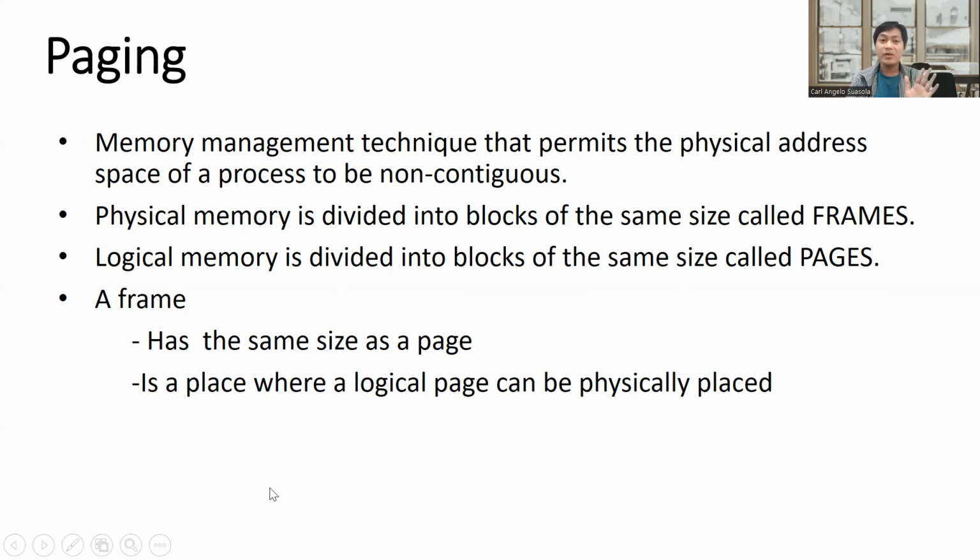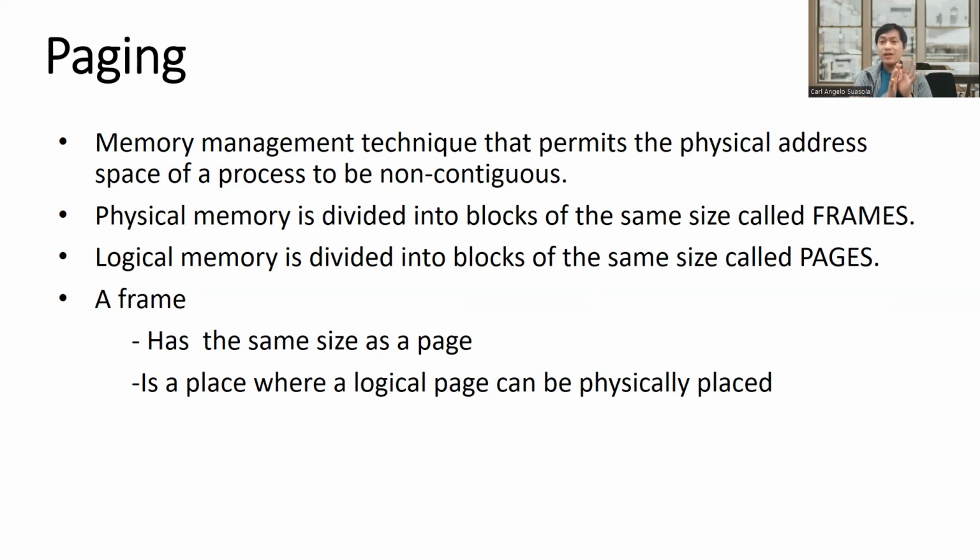So in physical memory we have frames, and in logical address space or logical memory we have pages, with the same size of allocation. A frame must have the same size as a page, and is a place where a logical page can be physically placed.